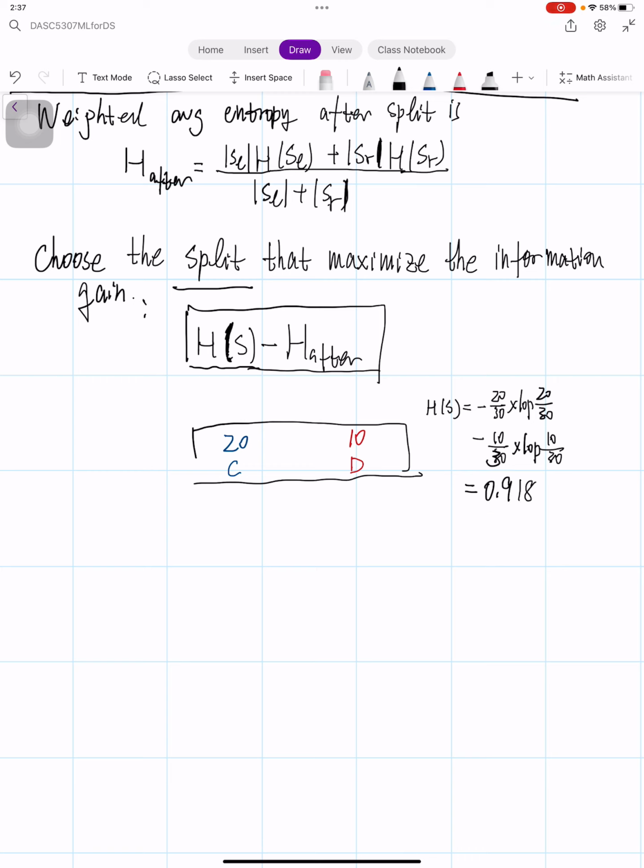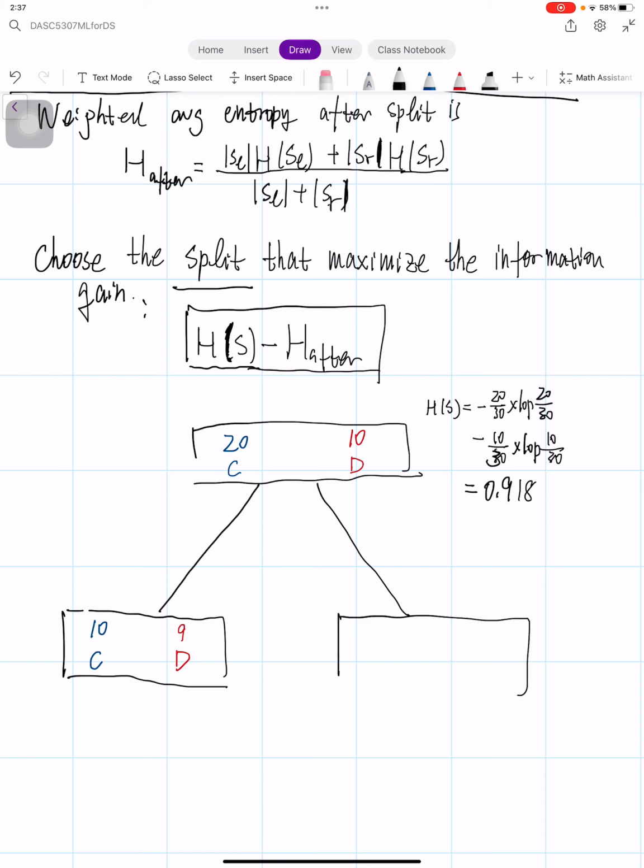It's approximately 0.918. And after you split, suppose you have a split and you cut your feature space. For this case we have 10 cases labeled as class C, and 9 cases labeled as D, on the left node.